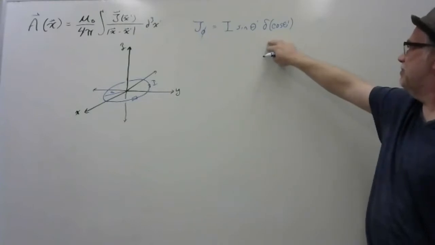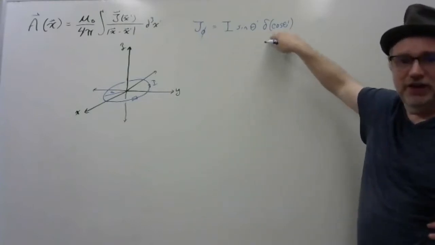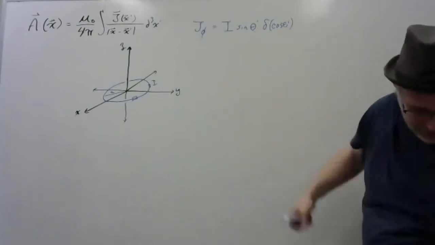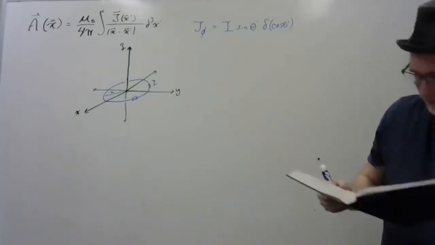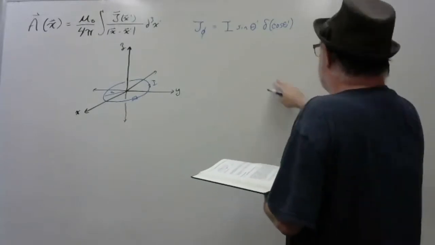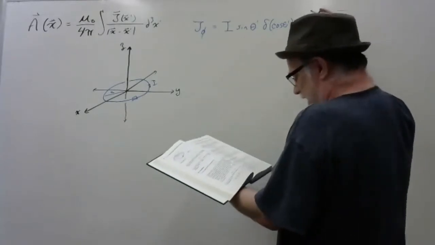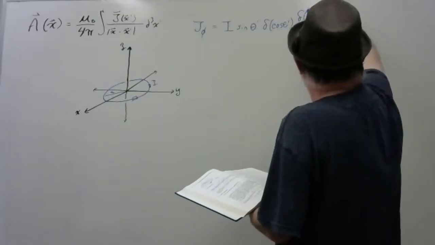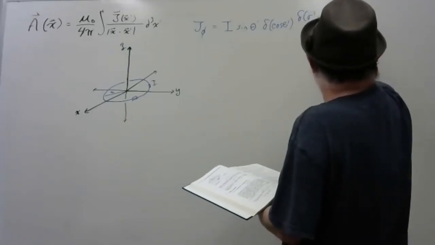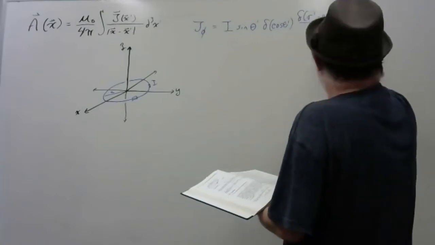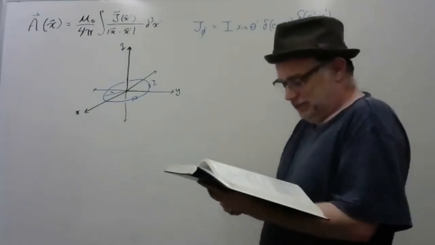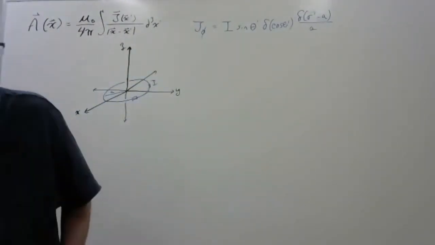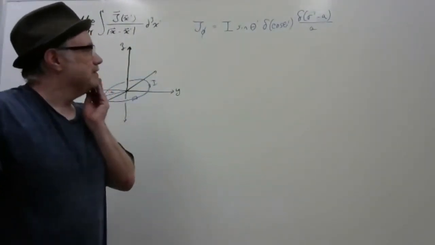This factor is basically going to be 1 when this is 0. So this sine of theta prime just makes a kind of scaling factor there. And then delta of r prime minus a, over a, because we have to have all of our units correct. Okay?